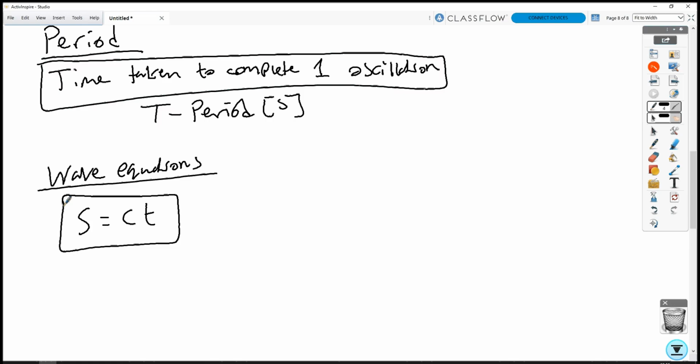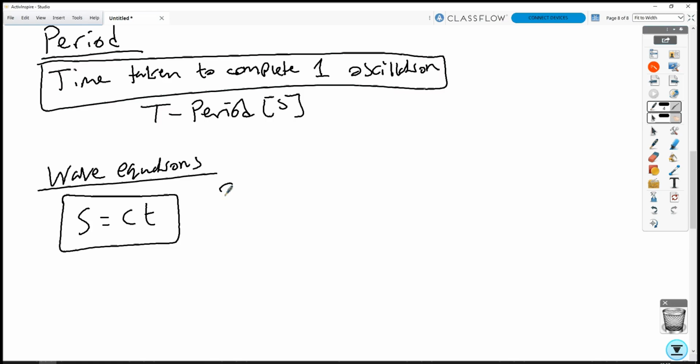Now, if you have studied mechanics previously, whether in maths or in physics, then this equation should remind you very closely of s equals ut plus a half at squared, with the half at squared portion missing, because the wave is not accelerating. So with no acceleration, s equals ut, or in this case, s equals ct.